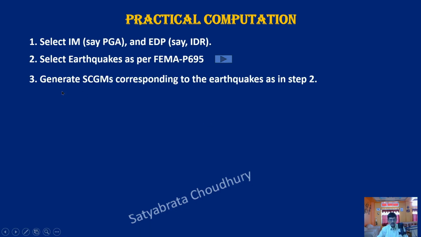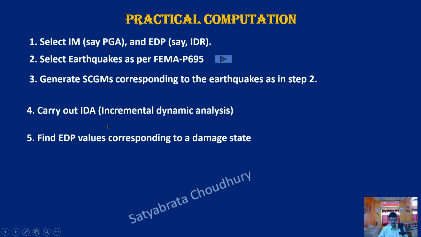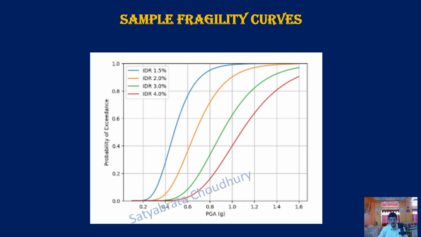Then third step is generate SCGMs corresponding to the earthquakes as in step 2, as I have said. Then fourth is carry out incremental dynamic analysis, IDA, find the EDP values corresponding to the damage states, compute probabilities of exceedance as we have discussed, calculate Z, then from the table we find the probability.